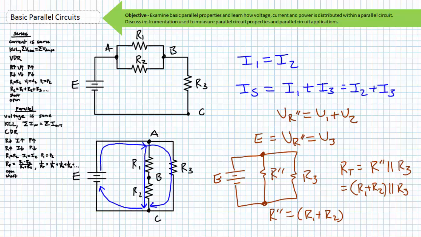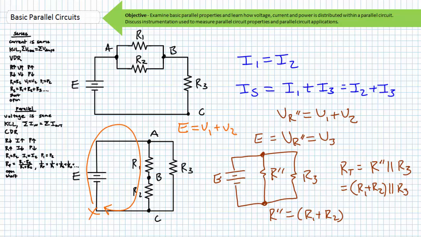If R double prime is in actuality R1 in series with R2, it would stand to conjecture that those resistors that compose R double prime should drop representative portions of V R double prime. If we were now to crack open R double prime to be the series combination of R1 and R2 and apply Kirchhoff's voltage law, starting here and traveling in this direction, we rise E, fall V1, fall V2, which should equal the fall V3.